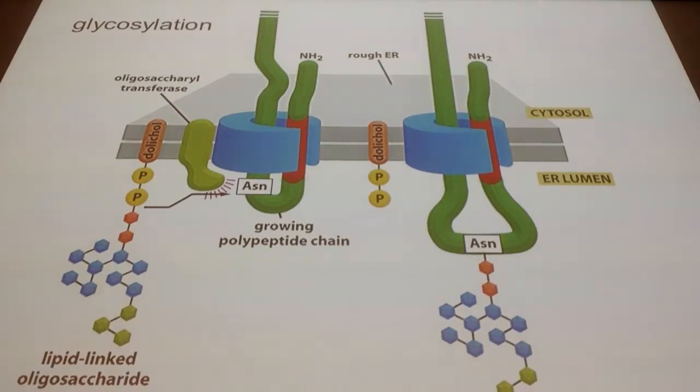It's a simple monosaccharide, and so they can be built in that they can form a complex carbohydrate that way. Okay, and you notice that this is in the ER lumen, and this is in the cytosol. And eventually, if this were a membrane protein, it will come out that this is the extracellular matrix, and this is still the cytosol. Okay, so the carbohydrate residue never sticks into the cytosol.